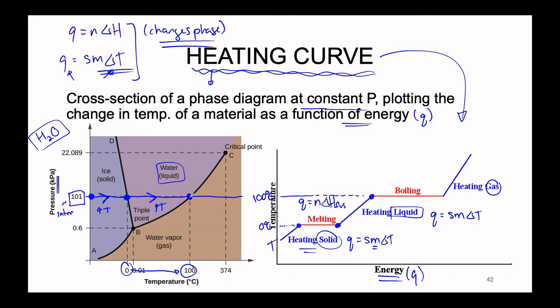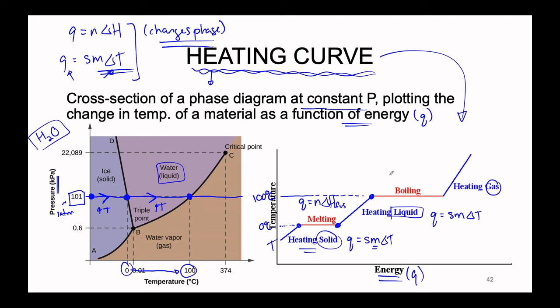Temperature will not change as we go from liquid to gas, and that is represented in our phase boundary again by having this one intercept between the liquid and the gaseous boundary. 100 degrees Celsius will be the temperature of our material as it undergoes the process of boiling.